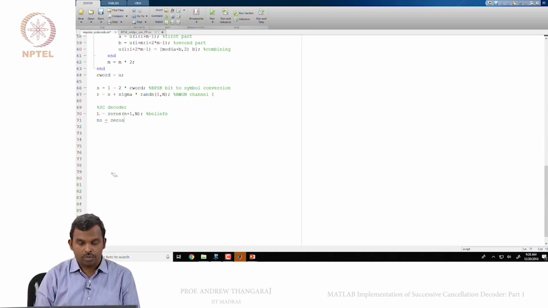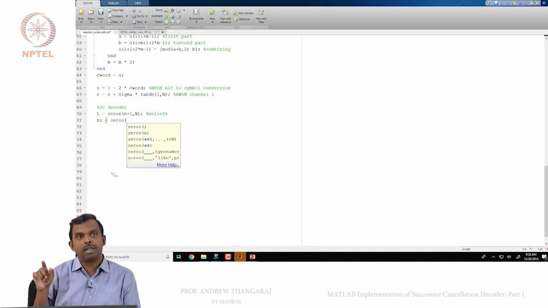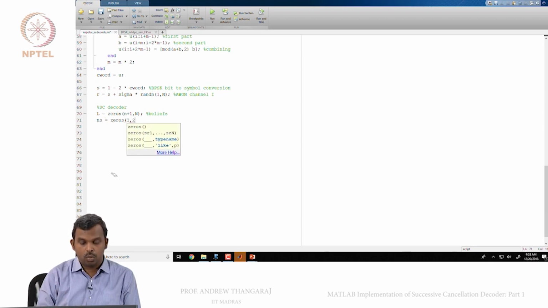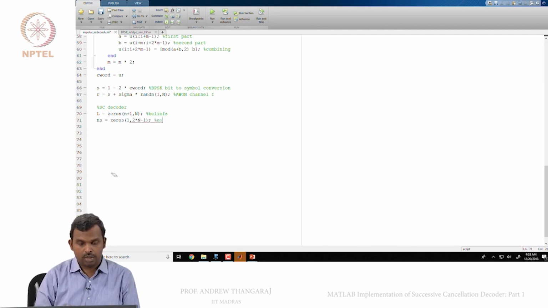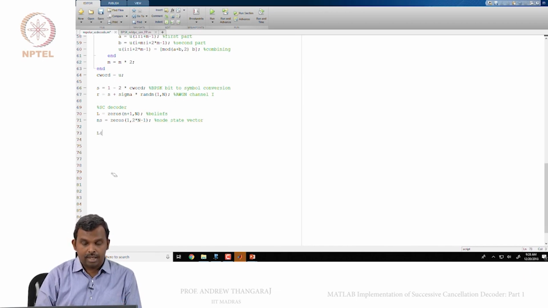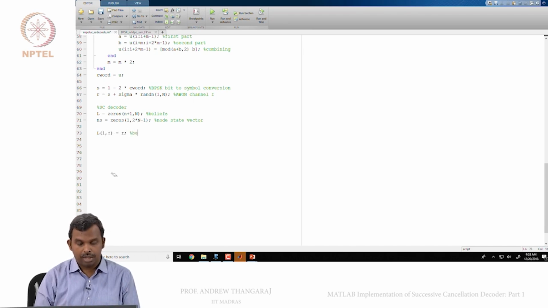This will be zeros of 2 power n plus 1 minus 1, that is 1 comma 2 into n minus 1. Initially it will all be 0. Once you have the R, you can initialize L of 1 comma colon equals R. That is the belief of the root.